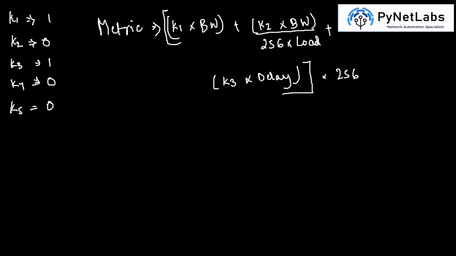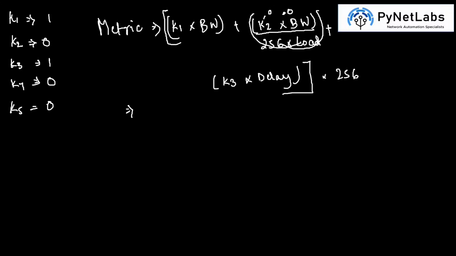This is the formula to calculate the metric of EIGRP. Metric is nothing but the cost used between routes, and this is something used by EIGRP to select the best route, right? Then after this we know that K2 is 0, if we talk about the default representation of K values, we have 1 0 1 0 0. When it comes to K2, it is 0. So if you multiply bandwidth with 0, you get 0, and if you divide 0 by something, that's also 0, and this whole part results in 0, right? Clear till now?